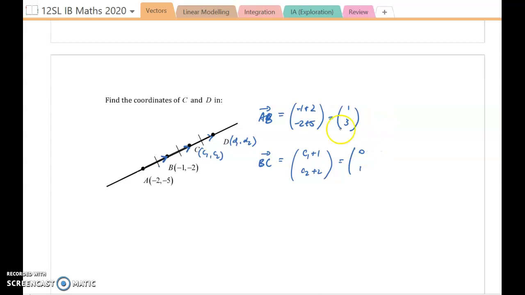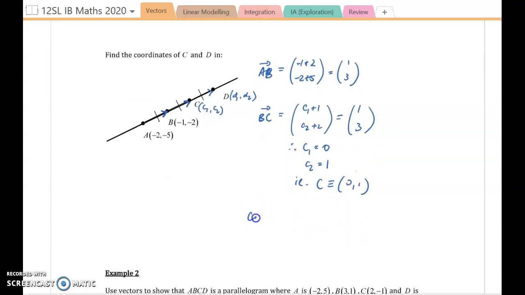That means that in order for this to equal the same vector here, C1 must be 0 and C2 must be 1. 1 plus 2 is equal to 3. Therefore, C1 equals 0 and C2 equals 1, i.e. C has coordinates 0, 1.